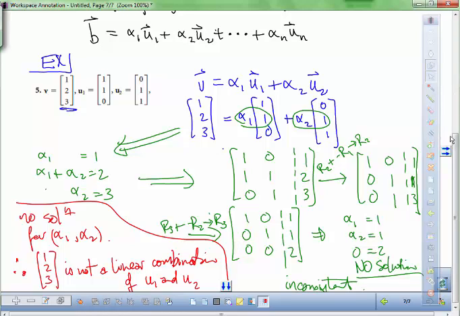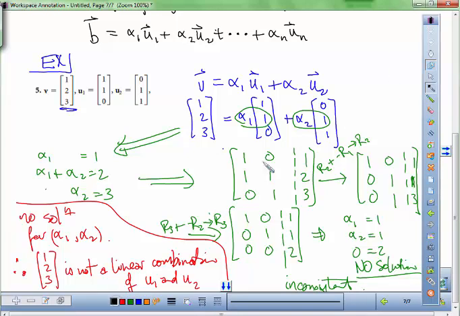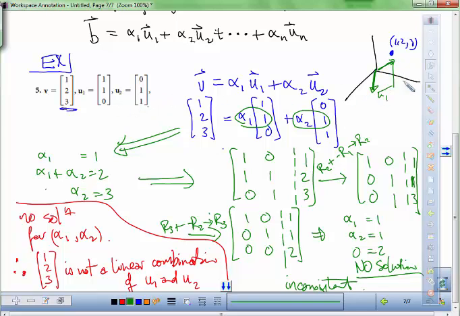Just to give you a little preview of what we can do next time: if you have this point 1, 2, 3, you have a vector 1, 1, 0, and you have another vector 0, 1, 1, then these two vectors, if you found linear combinations of them, what am I drawing?